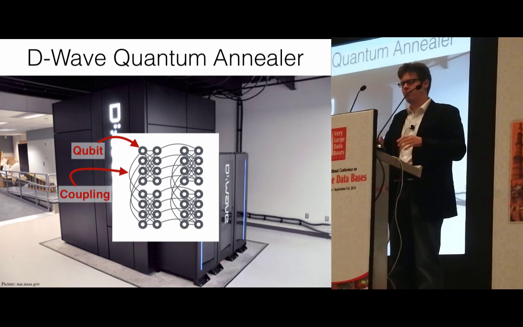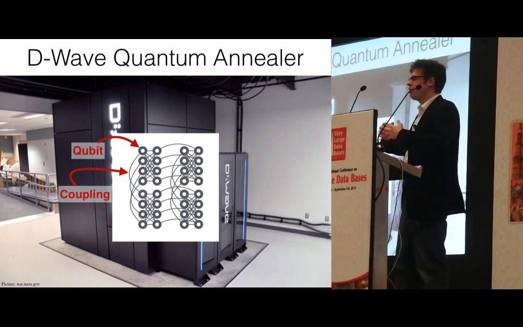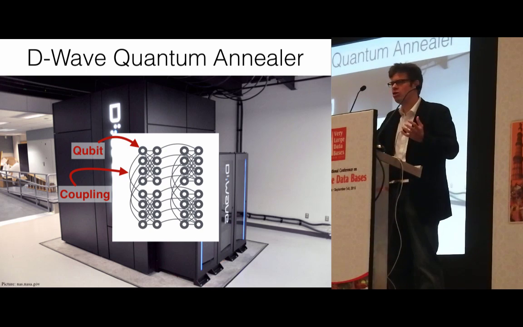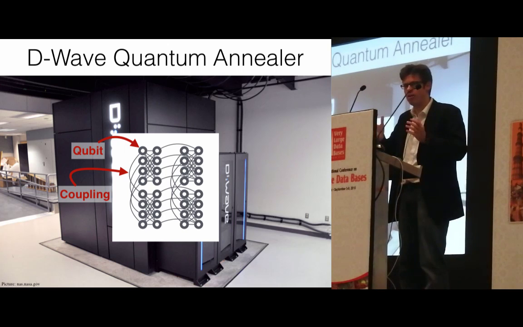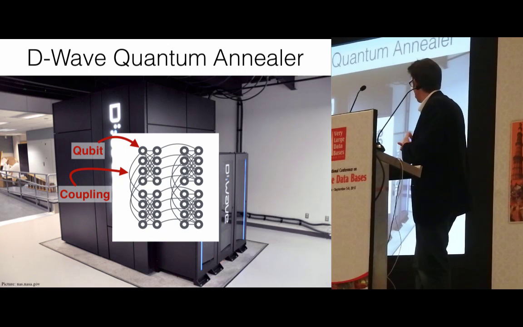If you were to open up that machine, you would see qubits connected pairwise via couplings, which allows them to exchange information, and the connections between qubits are actually quite sparse. They are connected in the so-called Chimera graph structure.